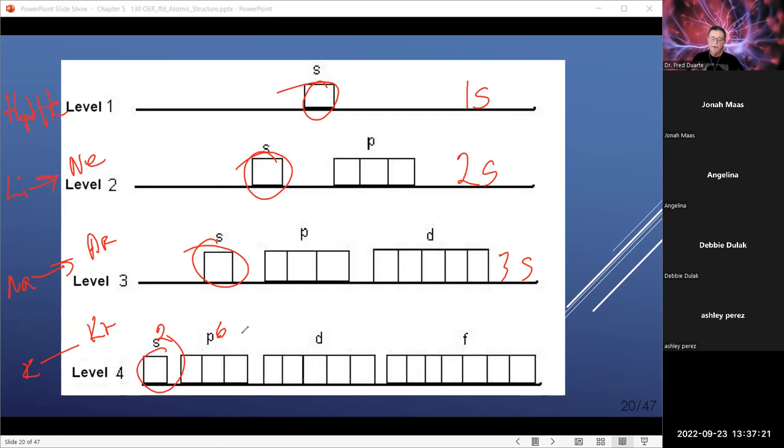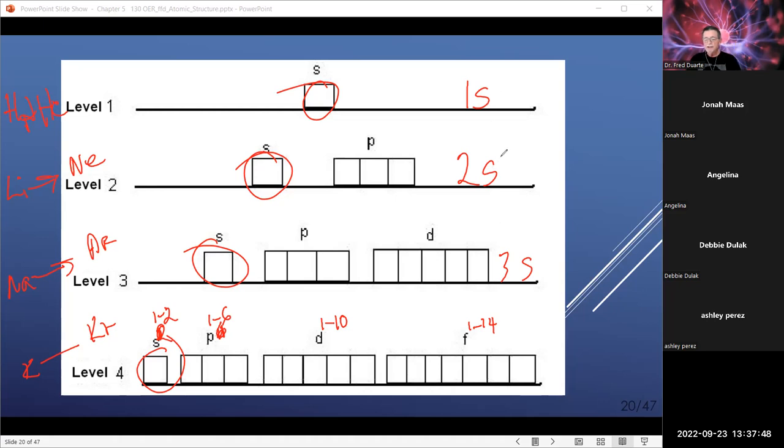So for the P, the number can vary from 1 to 6. For the S, the number can vary from 1 to 2. For the D, the superscript can vary from 1 to 10, and for the F, 1 through 14. Then we put the number in front to designate which energy level we are at.